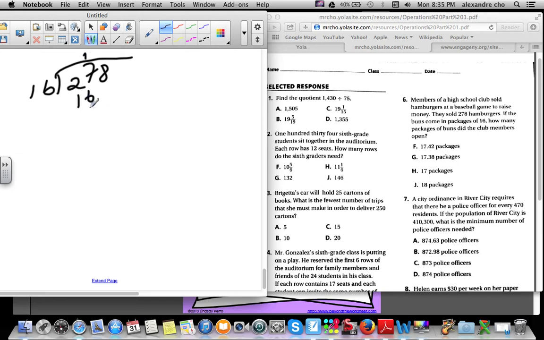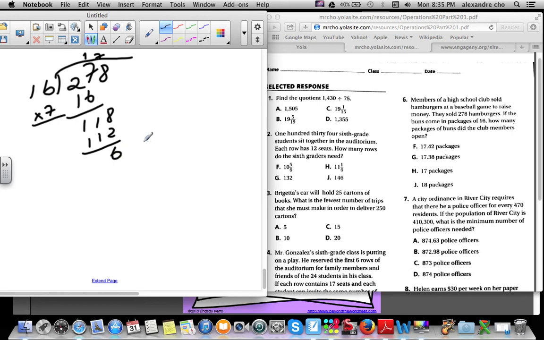That's 16. And 118, and this should be about a 7, I'd say. Okay, which is 142. So if it's not 142, 112. You have a 6 left over here.